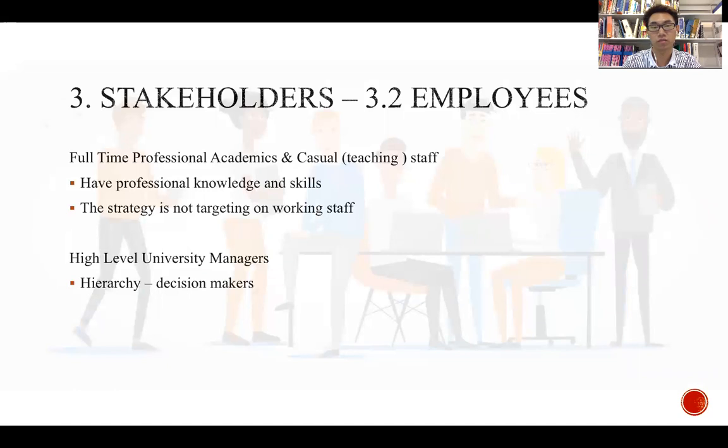But the strategy is more relevant to serving students, so they would pay less attention. In the hierarchy, high-level university managers are decision makers, so they have high-level power and would pay more attention to the strategy progress.